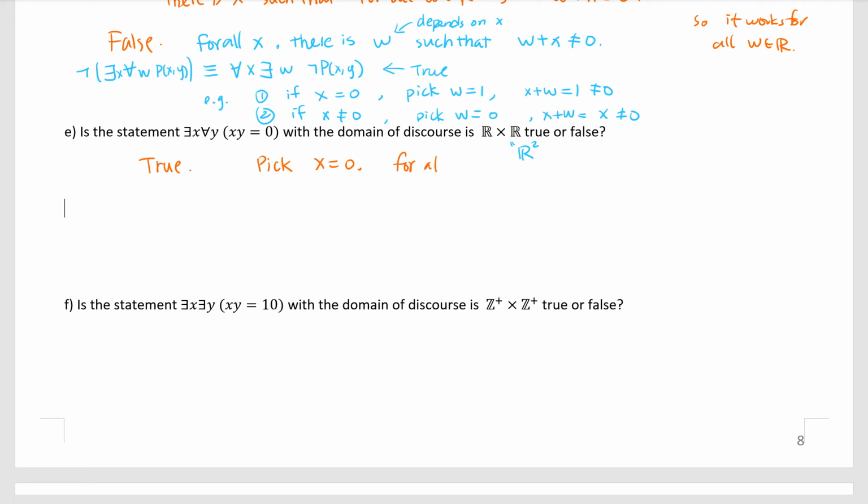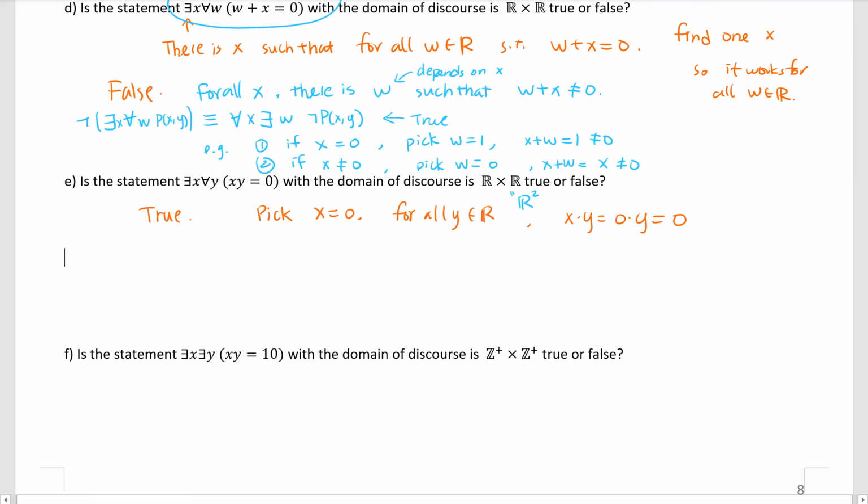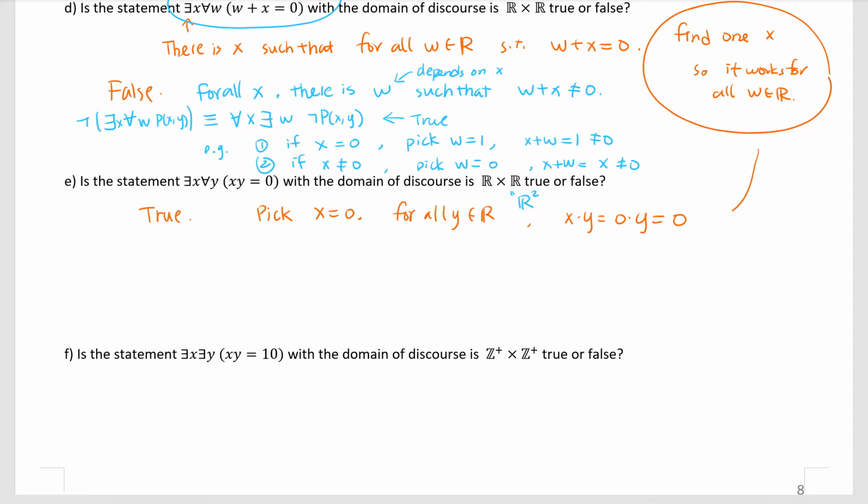Then for all y that is a real number, x times y is 0 times y, which is 0. So to show this statement is true, we just need to find the x value, and it works for all values of y. And this is exactly like what we did here. We find the x value, it works for all values of y.